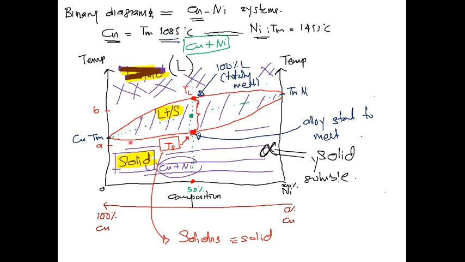So this is the limit for solid phase ataupun ini limit homogeneous solid. Above this line, okay, you cannot have solid anymore. Maksudnya you ada heterogeneous system which is liquid and solid. Okay, so this line kita panggil solidus line.